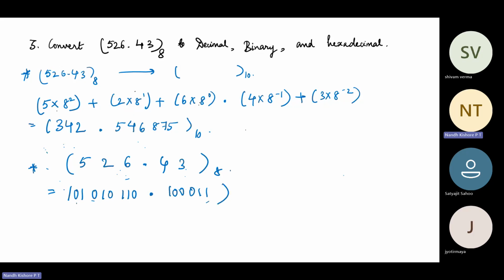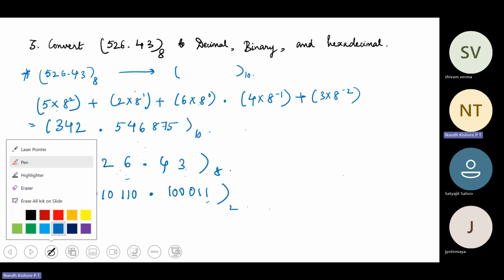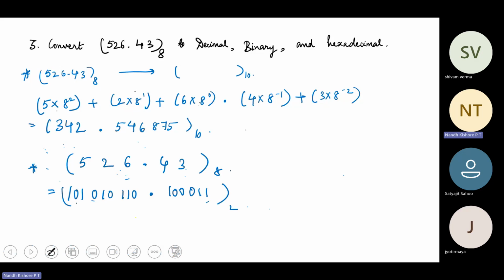So there you go, this is directly written in groups of 3, as we know.